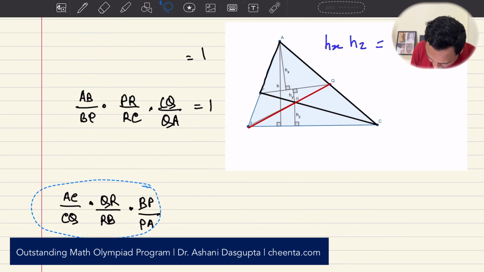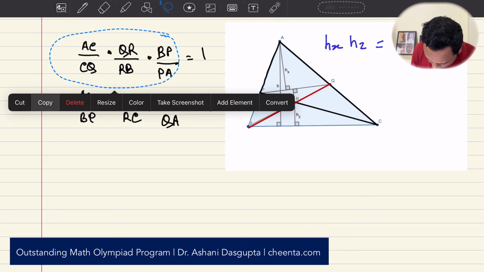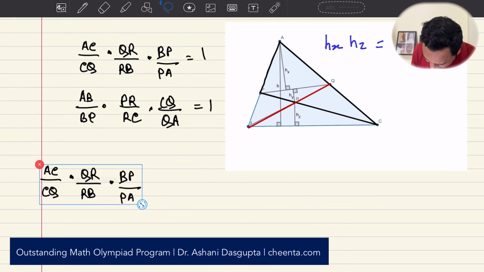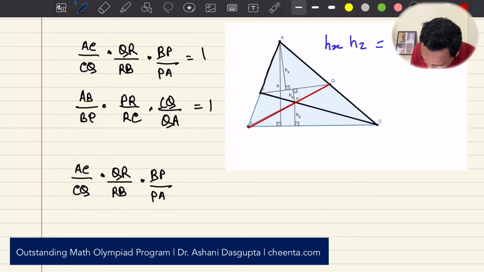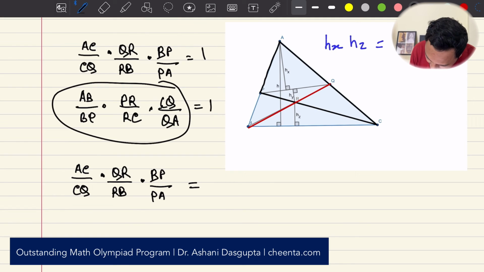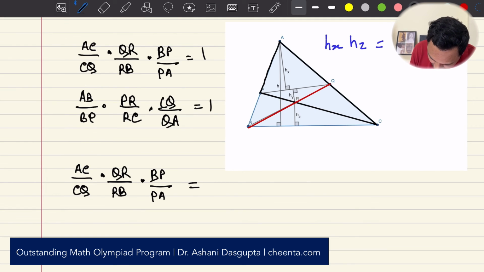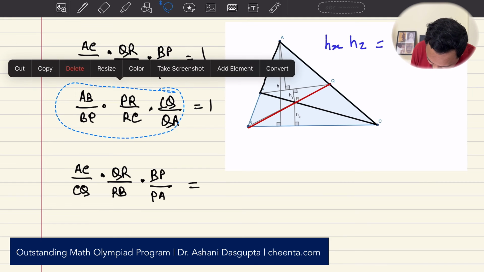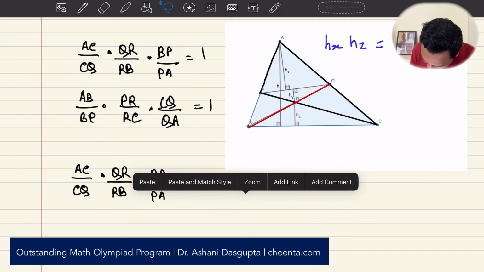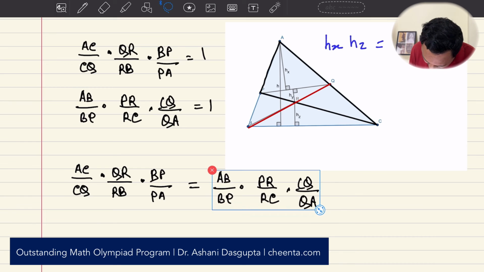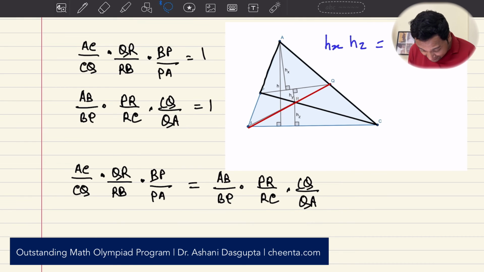So maybe I'll just copy it and paste it here. This is equal to, copy this and paste it here. All right. So some of the stuff will actually cancel off.